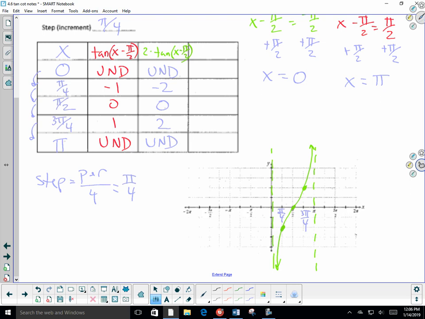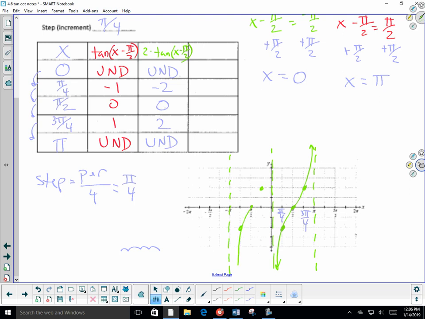Again, it looks like in between the 2 vertical asymptotes, it was 1, 2, 3, 4 jumps. So I want to go 4 jumps away over here and get my next vertical asymptote, which is going to be at -pi. And I'm going to fill in that same pattern of points, which looks like it was -2, 0, +2.